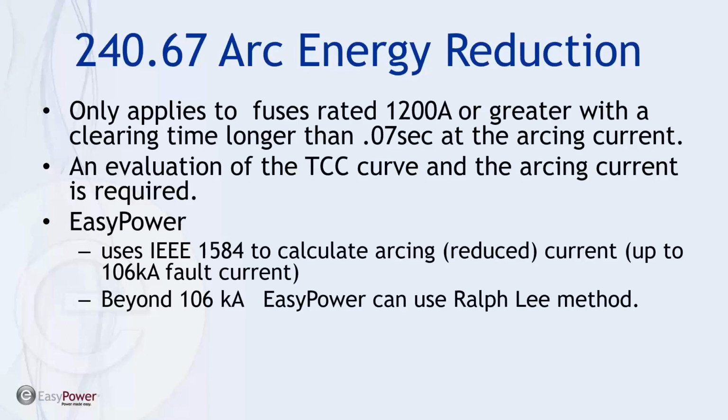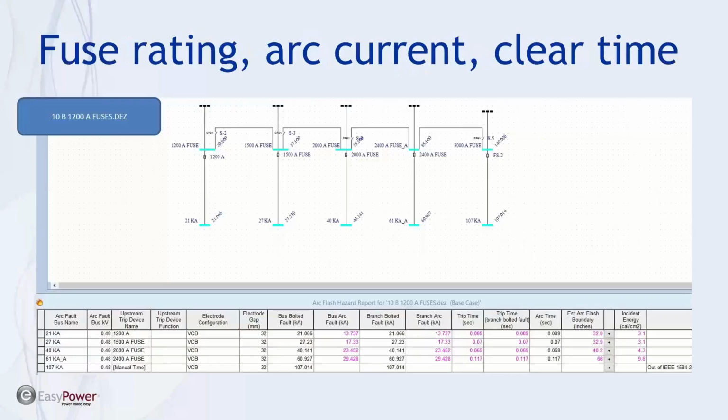However, beyond the scope of 1584, which is beyond 106,000 amps bolted fault current, the standard does not make a recommendation. So in EasyPower, we can use the Ralph Lee method. Well, the Ralph Lee method doesn't utilize the arcing current; it uses bolted fault current. So we have some potential, I wouldn't say conflicts, but points of discussion even there.